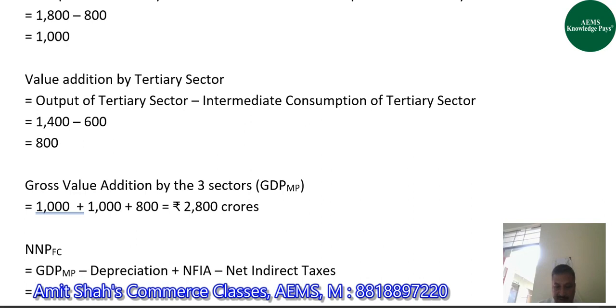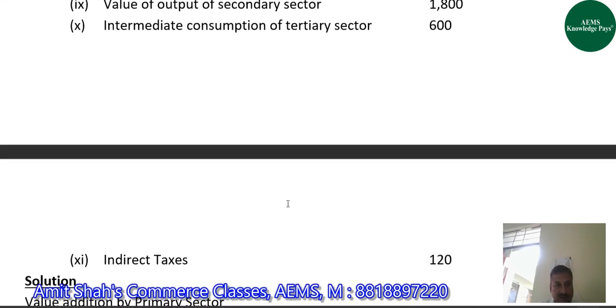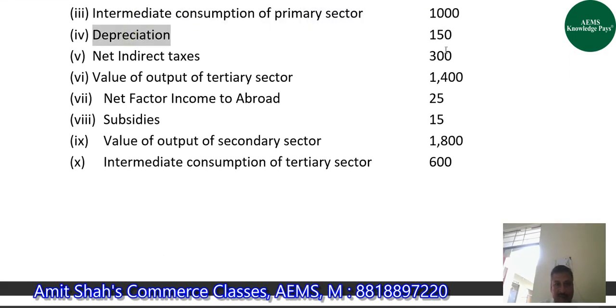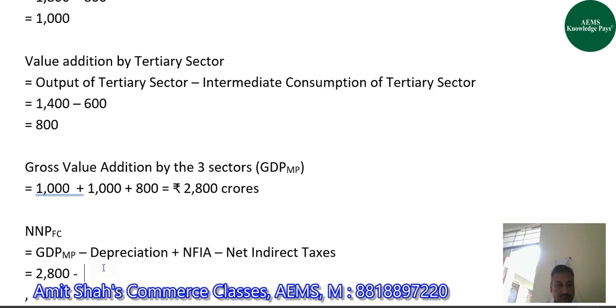So GDP at MP is 2,800 crores minus depreciation. It is given in the question, the amount of depreciation is 150 crores. Plus NFIA. NFIA is what?